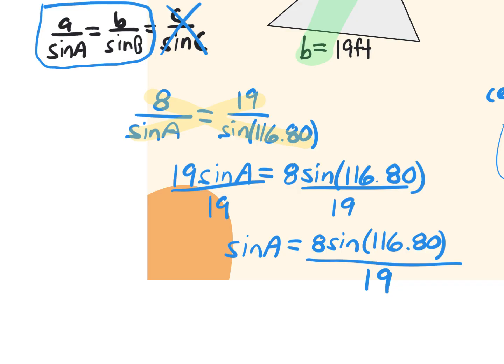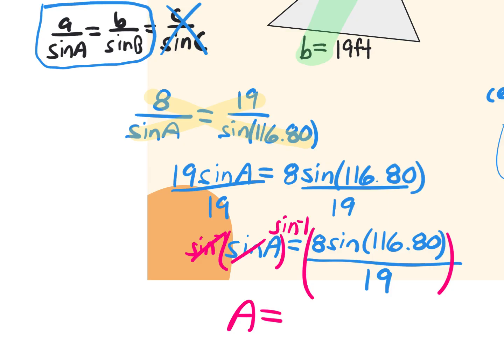And then just like before, we can do sine inverse on both sides to get the A by itself, right? So let's do sine inverse. These cancel out, and then A is going to be whatever you get when you plug this whole thing in your calculator. So again, just make sure you're super careful with how you're plugging it in. You don't want to make little mistakes in your calculator and then get a completely wrong answer, right?